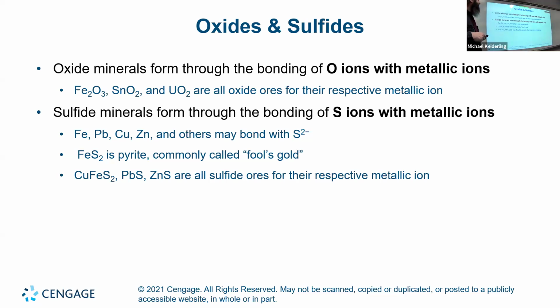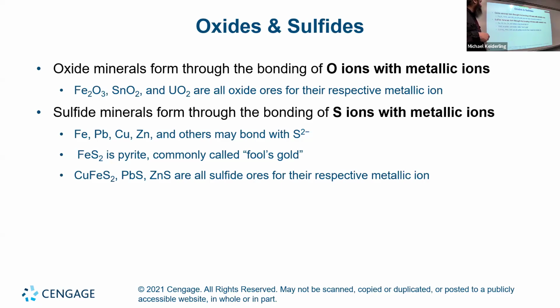Sulfide minerals form through the bonding of silicon ions with metallic ions. So iron, lead, copper, zinc, and others can bond with sulfur. Did I say silicon? I meant to say sulfur. It's sulfur. So iron sulfide is pyrite. That's commonly called fool's gold.